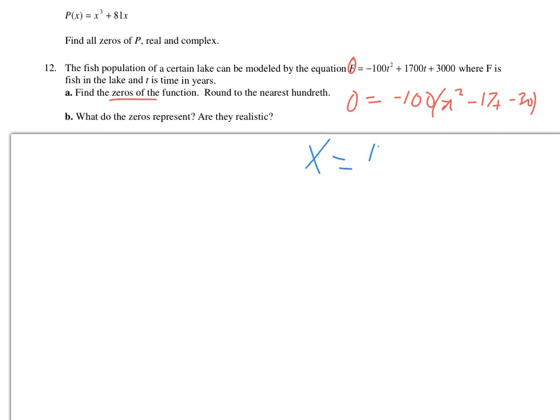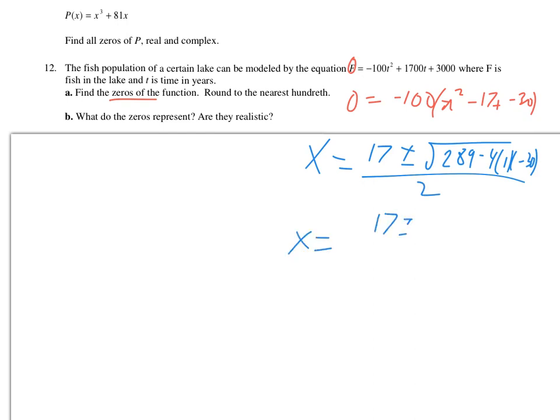So we'll do x equals 17 plus or minus the square root of 17 squared minus 4, I'll just do that, 289 minus 4 times 1 times negative 30 over 2. So 17 plus or minus, I'm just going to do the square root of 289 minus 4 times negative 30.